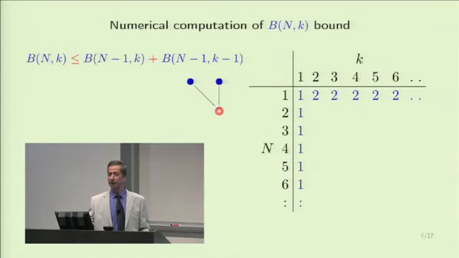So this is n and k. This would be n minus 1 and k. This would be n minus 1 and k minus 1. That's exactly what this says, right? So if I have these 2 points, I can get a value here, which will be an upper bound on this fellow. So let us actually go through this table and fill it up.